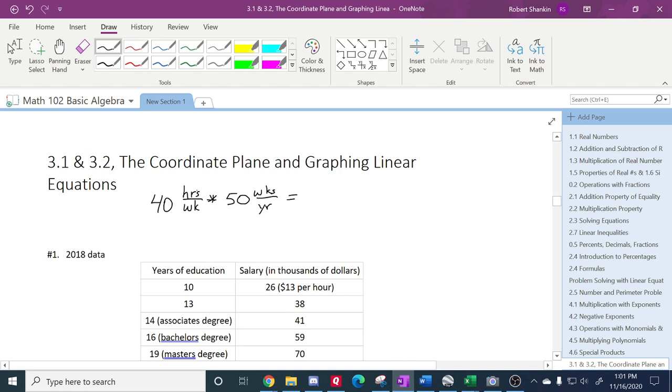Now, units cancel just like numbers do. One in the denominator, one in the numerator, whether it's plural or single doesn't matter. And then 4 times 5 is 20, and then 2 zeros add on to that. And the units are hours per year.